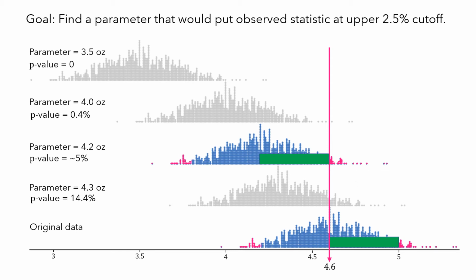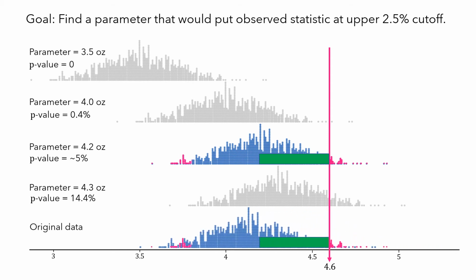In other words, if we took the sampling distribution we generated from our original data and shifted it down by the distance from its center to the upper 2.5%, we would know the smallest parameter value that would put the observed statistic right at the upper 2.5% cutoff.